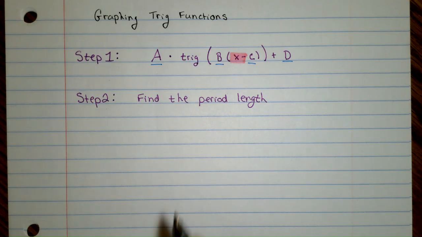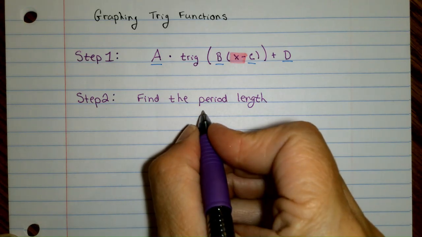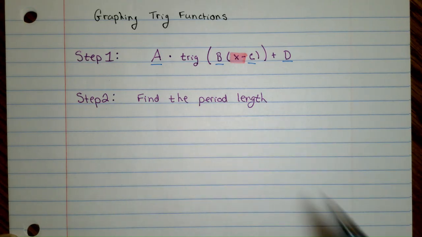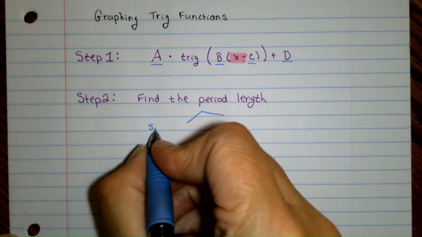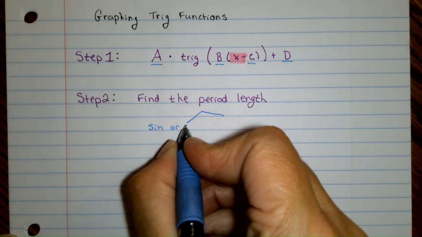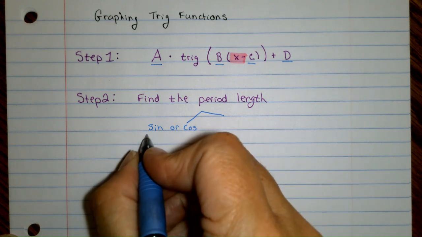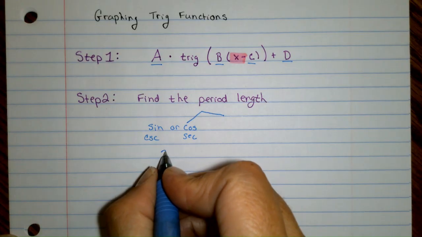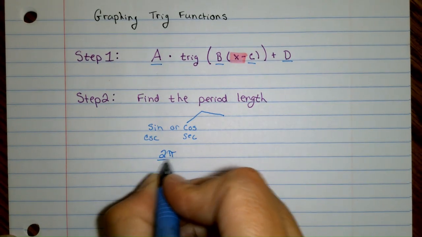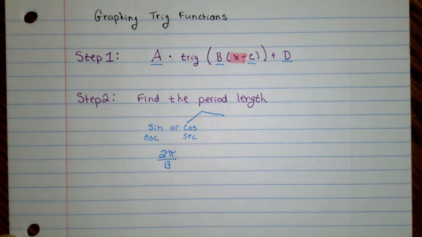So you have options on this one. I'll switch colors for this. For sine or cosine, and therefore cosecant or secant, you will be doing 2 pi divided by the b value.